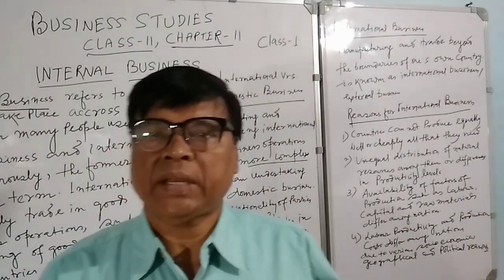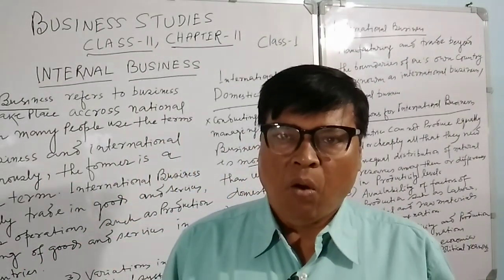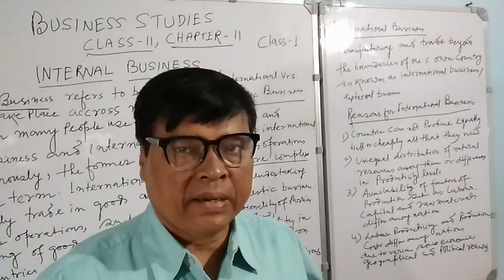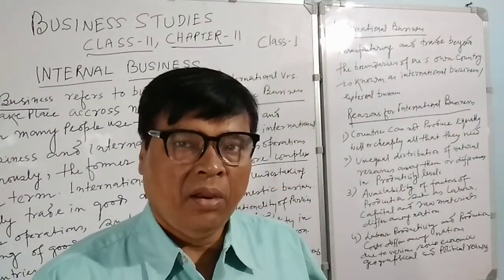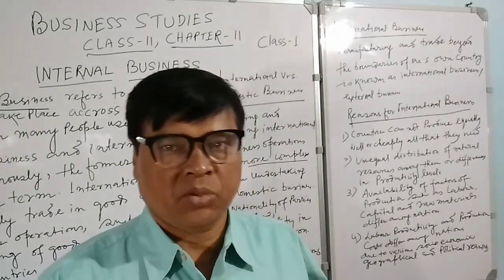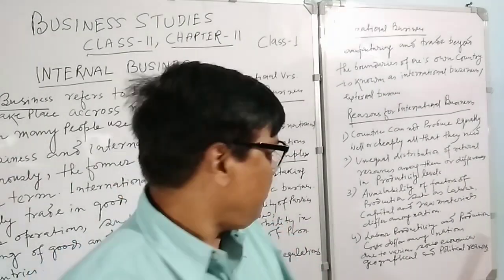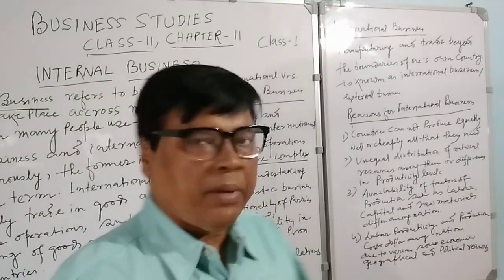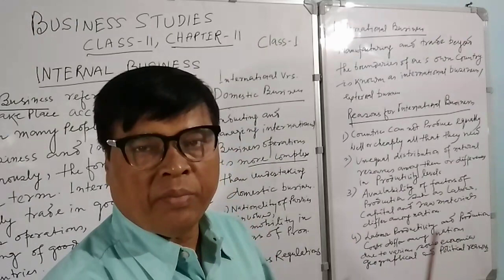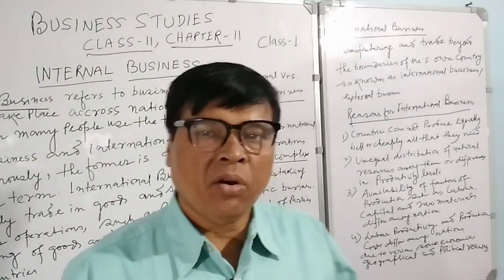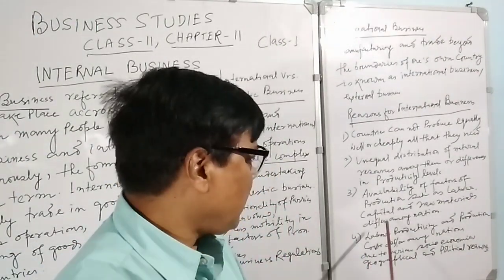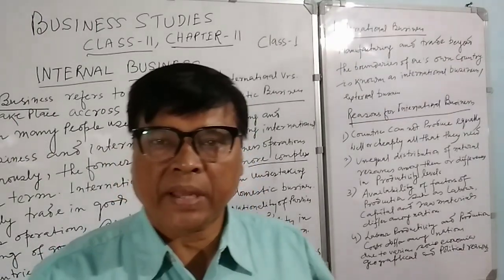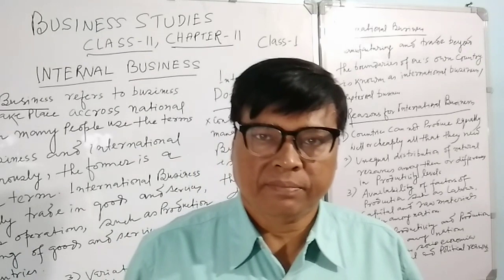Another reason is unequal distribution of natural resources. All countries do not have the same natural resources. Suppose X country has some natural resources, but Y country does not. Also, availability of factors of production, that is labor, capital and raw material, may not be equal for all countries. Labor productivity and production costs differ.